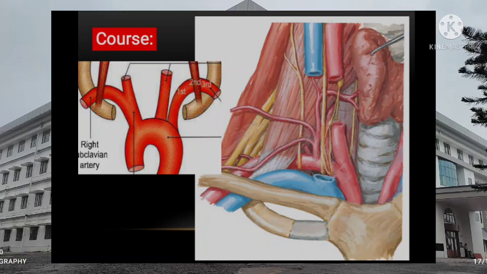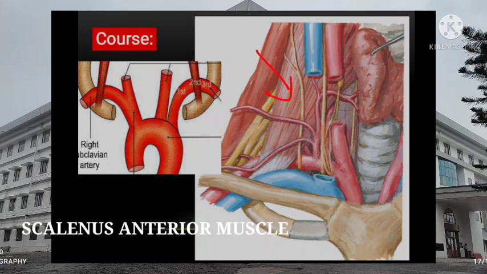Each artery arches over the cervical pleura and the apex of the lungs, and these arteries are subdivided into three parts by a muscle from the neck region called the scalenus anterior muscle.